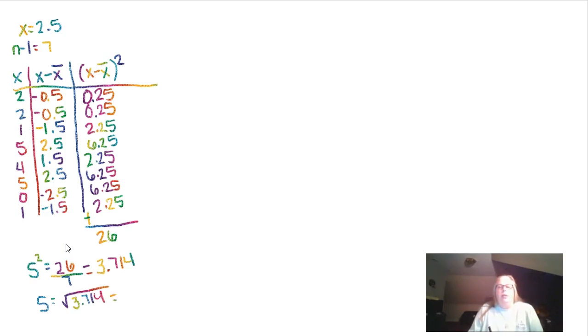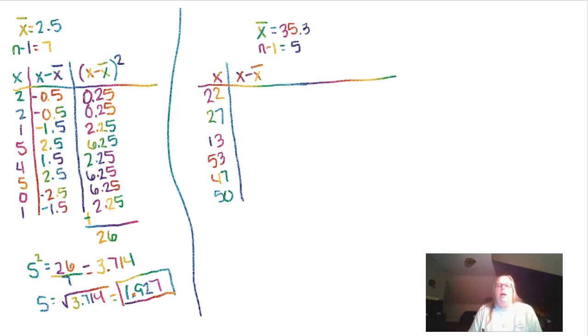So this square root is compensating for the fact that we squared this entire column right here so that we could have positive numbers. The square root of 26 divided by 7 is 1.927. All right, so the standard deviation for our data set is almost 2.